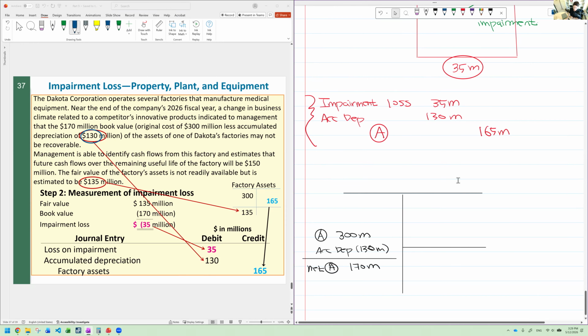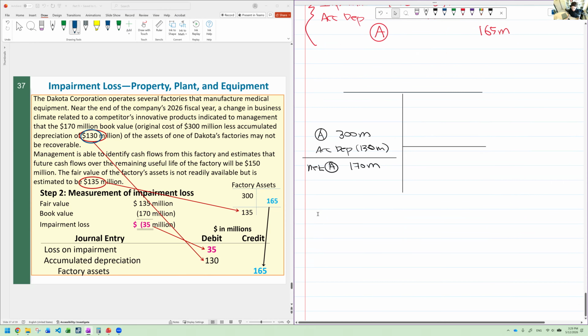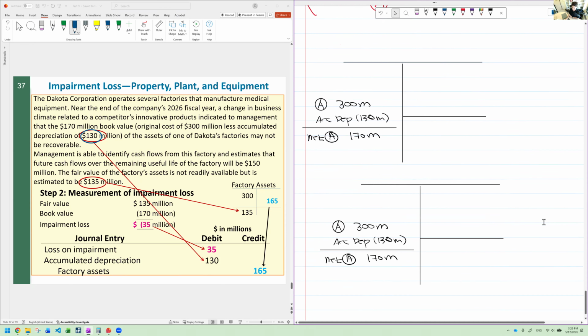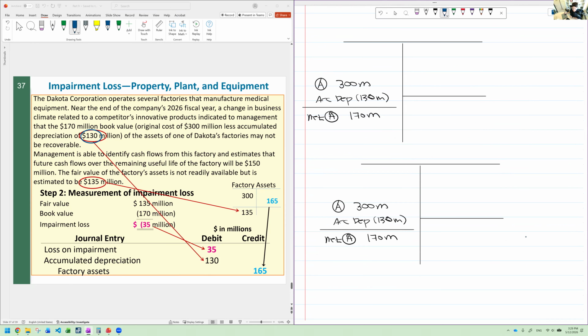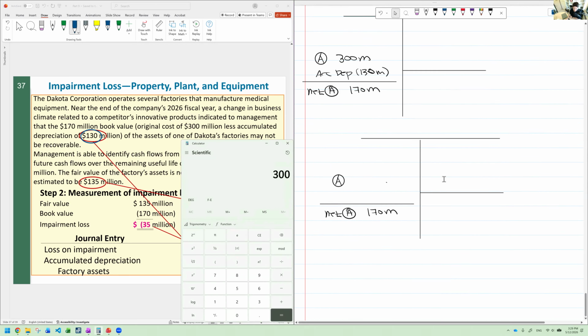After recording this impairment loss journal entry, the balance sheet will look like this. Let me copy this and paste it here. We remove the accumulated depreciation, so the accumulated depreciation is now 0. For the asset, previously it was $300 million.